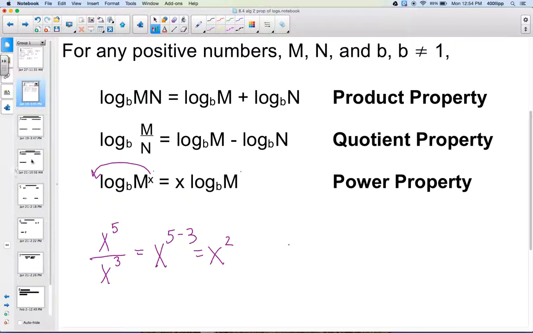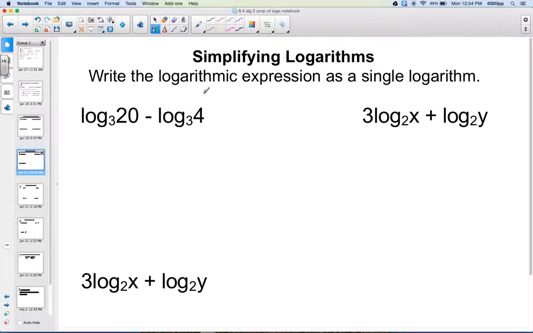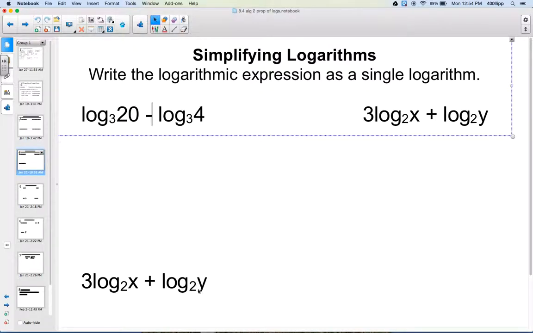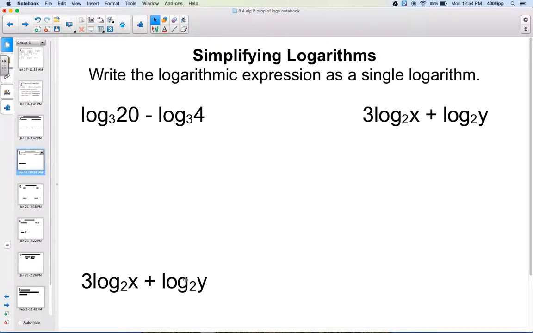Okay, so let's just go over a couple of things here. We will first look at writing the logarithmic expression as a single log, so only one log. So we first make sure that we have the same thing written as the base. So here we have the same base written in.